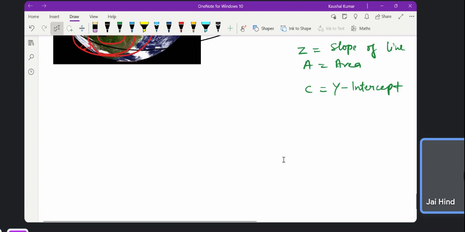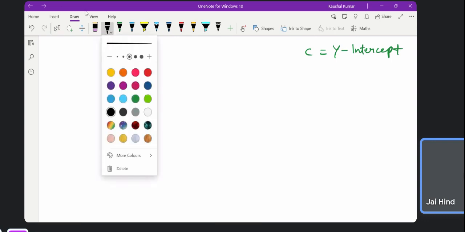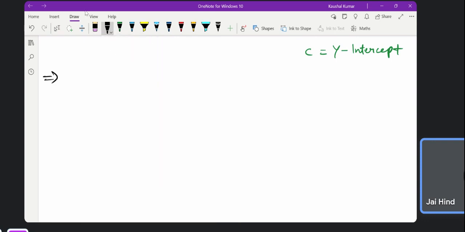Now we'll see the important thing. What is the importance? Anybody can guess? What is the important thing for the biodiversity? Why do we want biodiversity?